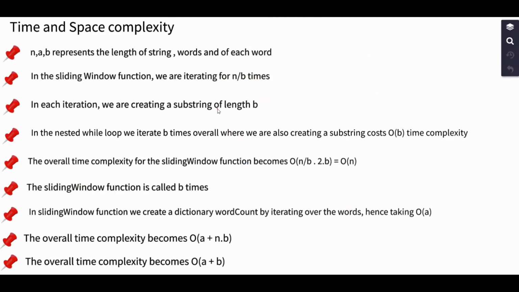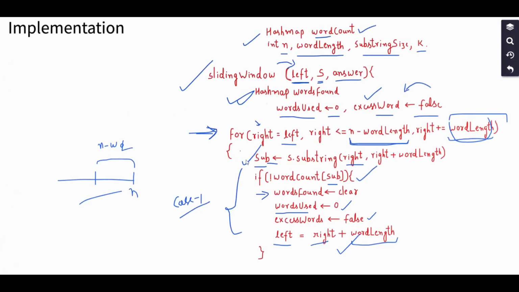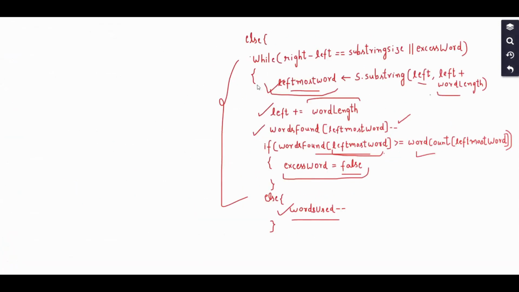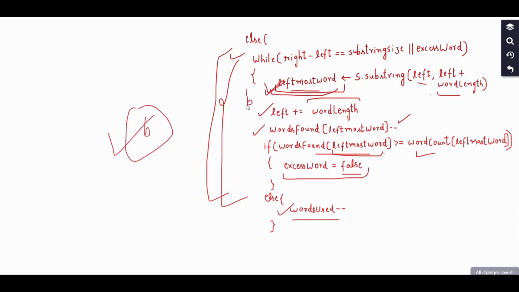Then for each iteration, we are creating a substring of length b, which takes big O of b time complexity. So in the nested while loop, which we are using in case number 2, we are constructing another string here, and this loop will run b times overall, and this is taking b time complexity because the substring that we are constructing is of length b.